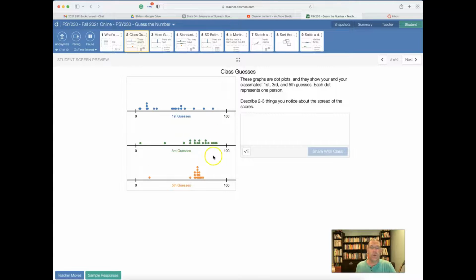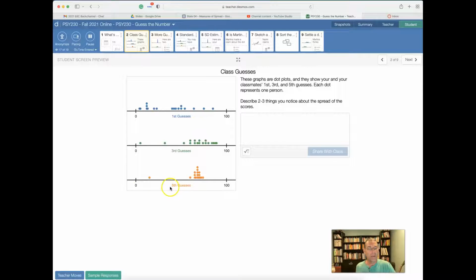All but 2 of the scores are actually above 50. And then by the time we're doing our fifth guess, you can see that people are really clustering around the actual number, which was 68. In fact, it looks like maybe a few people already have it. Now there's one person down here, and I want to note that because I think one person might have been a little bit confused in terms of what they were doing.